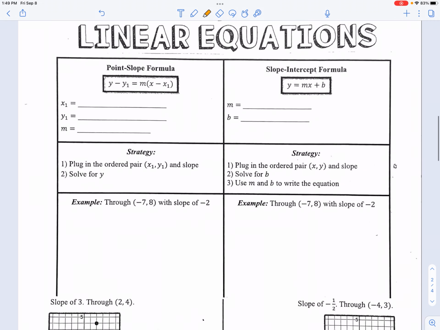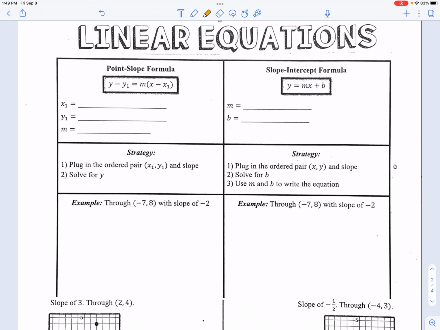So with our linear equations, we have 2 ways of writing our linear equations. We have using our point slope formula and our slope-intercept formula. So with our point slope formula, our x1, so right here, represents the x coordinate of the point that's given. Or maybe they gave you 2 points.